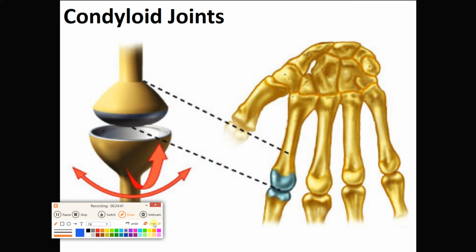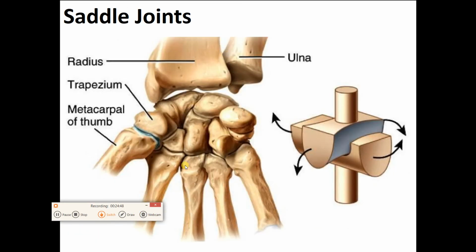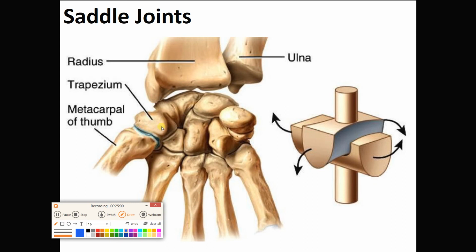Okay, we are almost done. We have 2 more joint types to do. So let's do another one. Saddle joints. Saddle joints are where you have two saddle-like structures hitting one another. And the only saddle joint we are worrying about is this one right here between the trapezium and the first metacarpal bone.